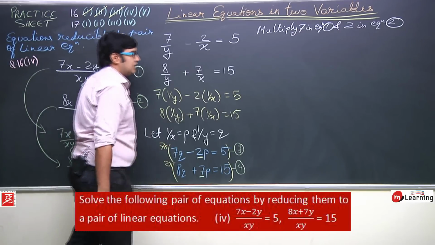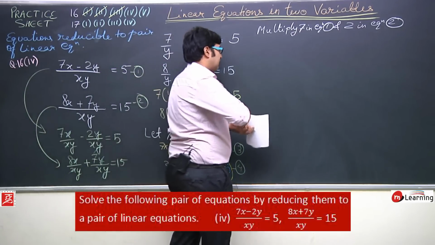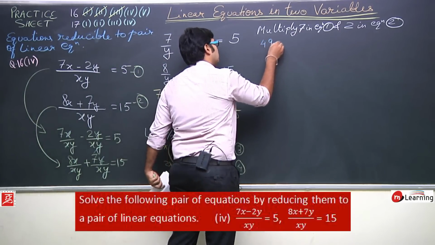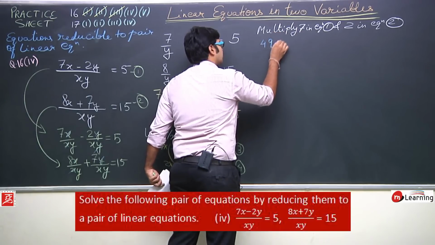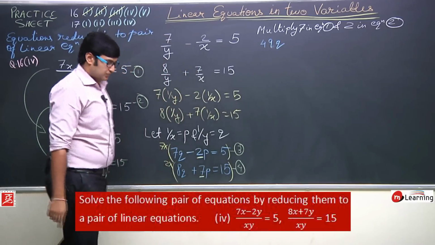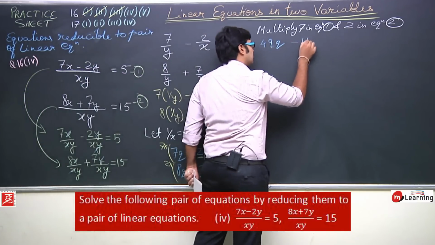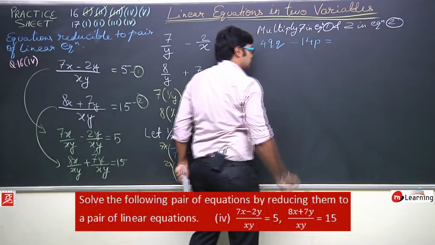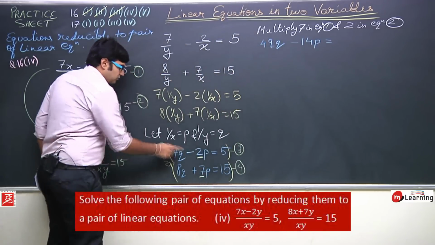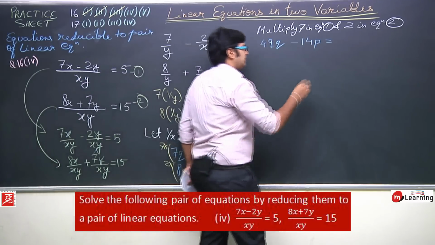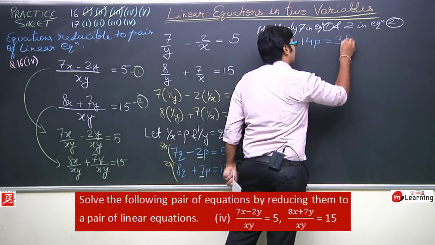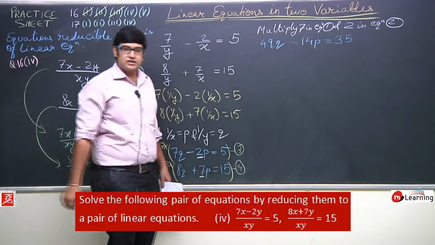7 7s are 49, so you will get 49q, then 7 into 2 is 14. 49q minus 14p equals 7 into 5, that is 7 5s are 35.